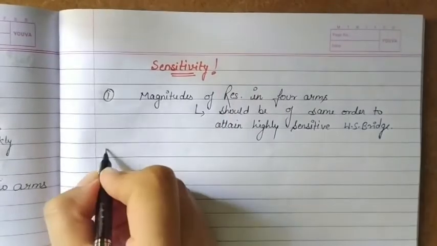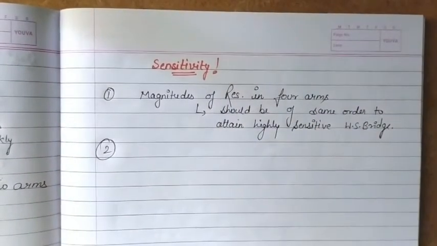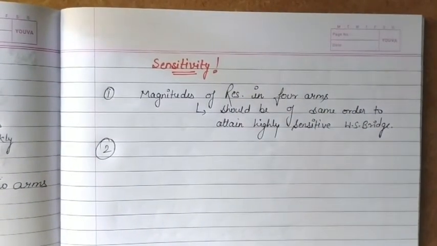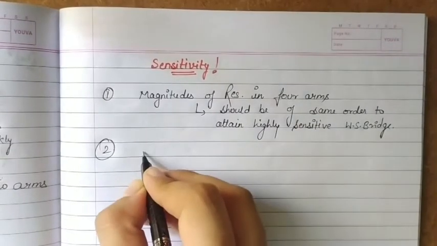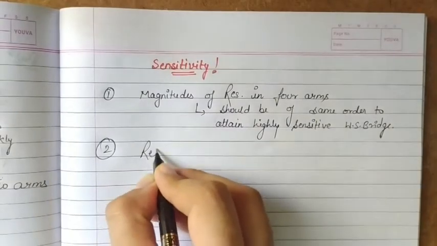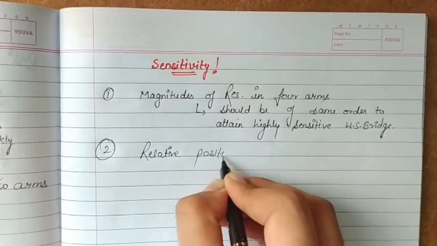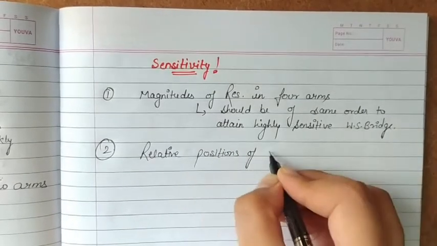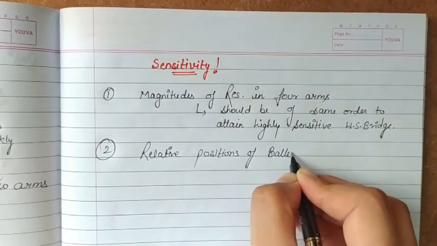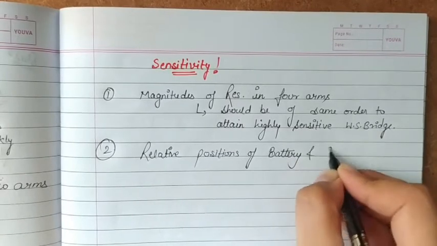Right? The second factor on which this sensitivity depends is the relative positions of battery and galvanometer. It also depends on the relative positions of battery and galvanometer.